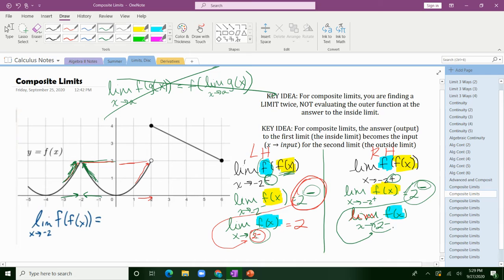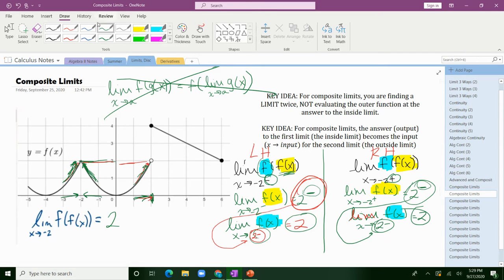Either way, I'm approaching 2 from values that are less than 2, from the underneath side of 2, from the left of 2. So as I approach 2 from the left, the limit is 2. And because the left and the right hand limits are the same, overall the limit of the composition is 2.